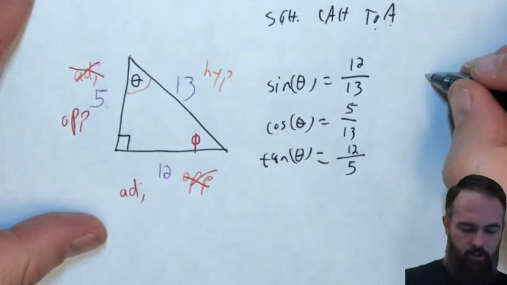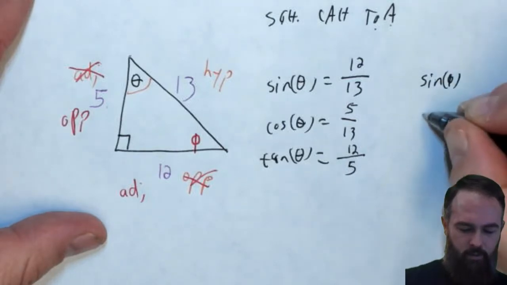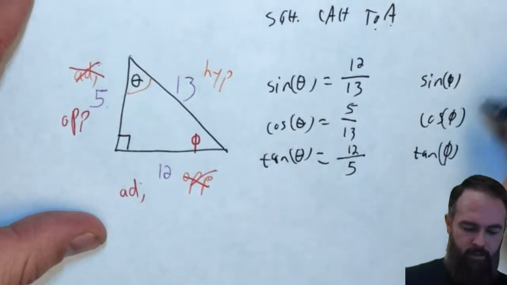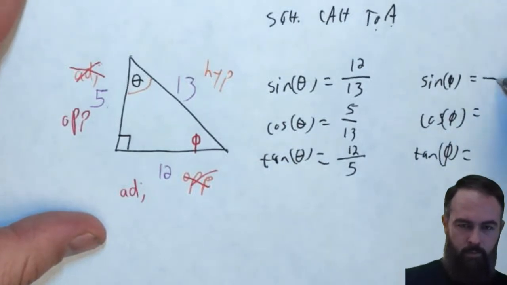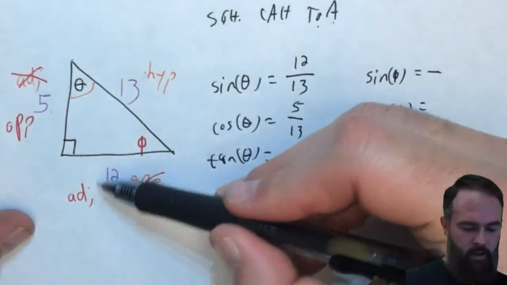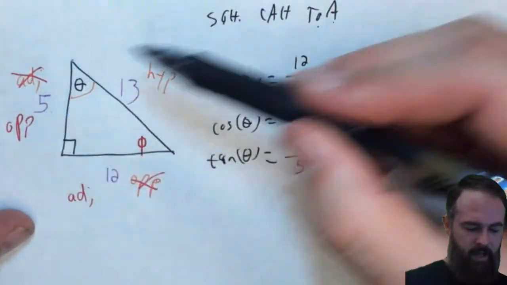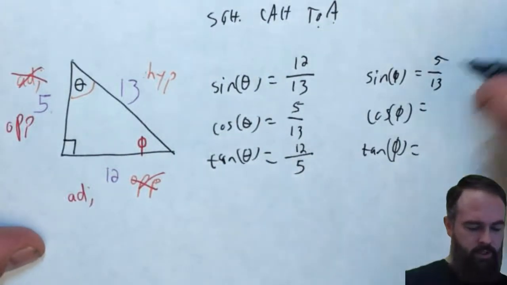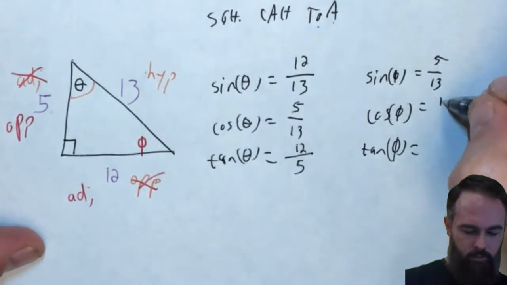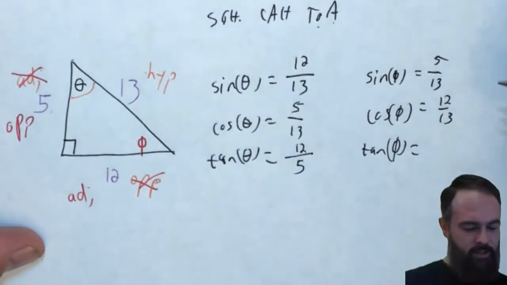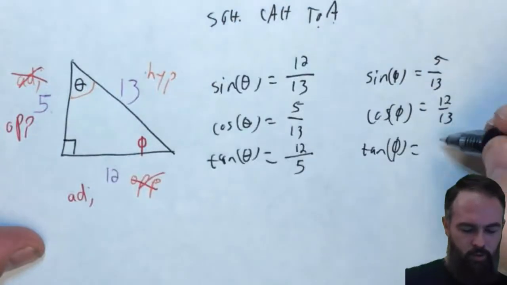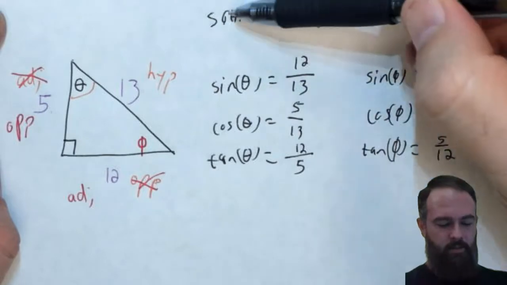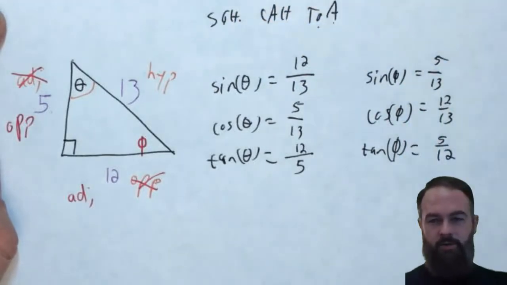So now whenever I write sine of phi, cosine of phi, and tangent of phi, well, sine is opposite over hypotenuse. Opposite is now 5 over 13. Cosine is now 12 over 13. And tangent is going to be 5 over 12. I know I went through that one a little bit faster than normal, but it's the exact same thing. It's opposite over hypotenuse, adjacent over hypotenuse, etc.